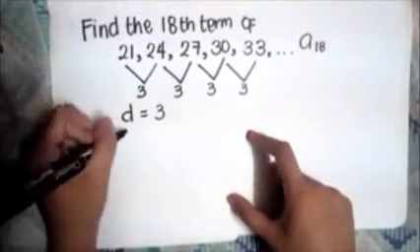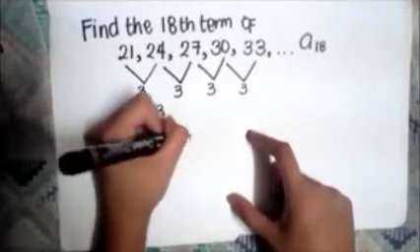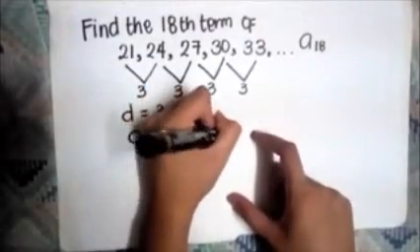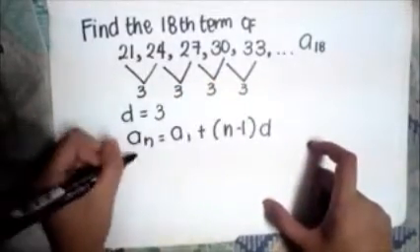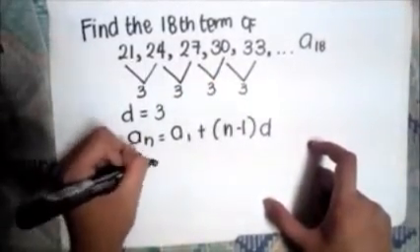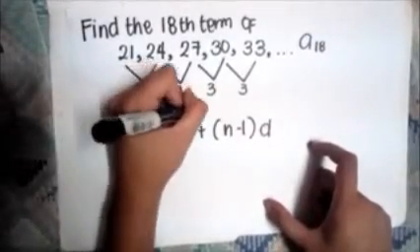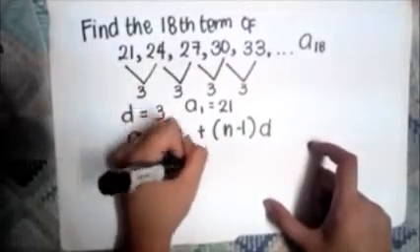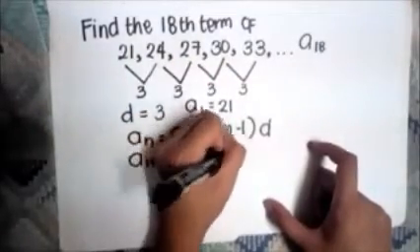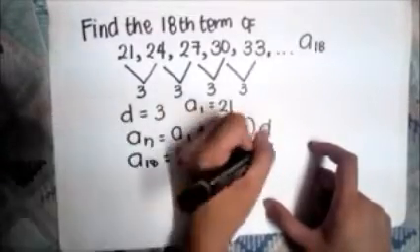So we must apply a sub n is equal to a sub 1 plus n minus 1 times d. We have a sub 18 is equal to a sub 1, and our a sub 1 is equal to 21. So 21 plus 18 minus 1 times the common difference, which is 3.